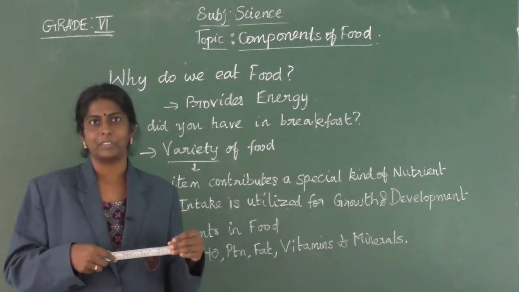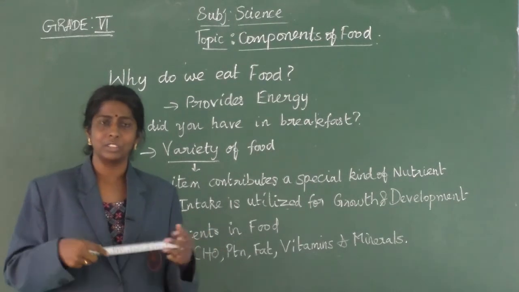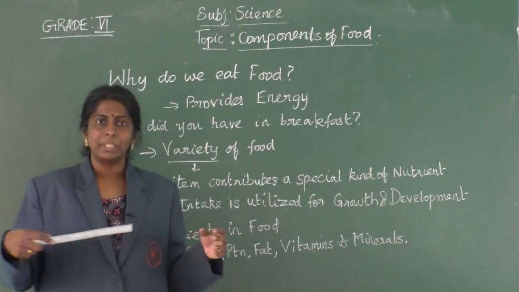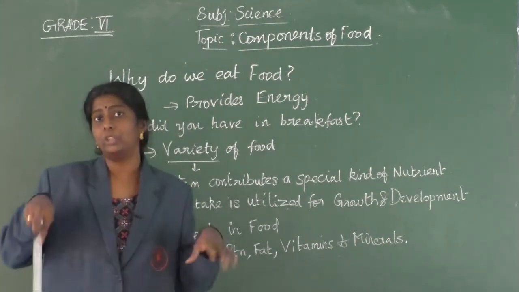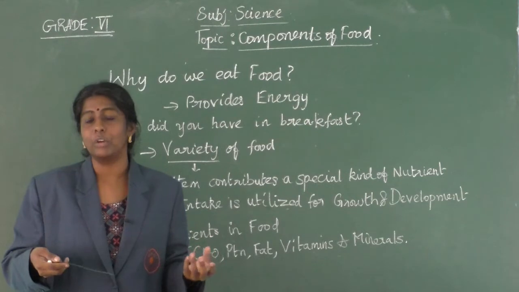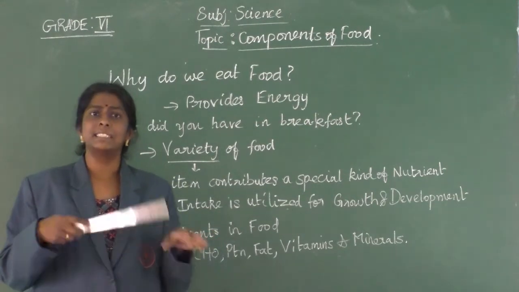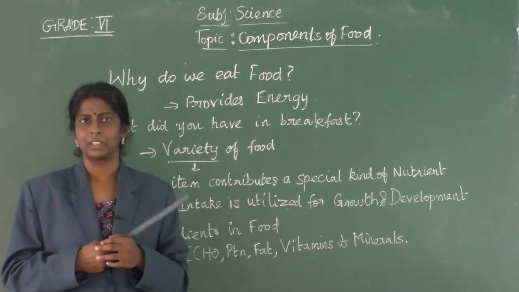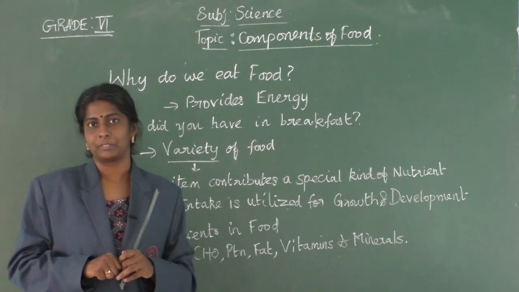Dosa, in sense, urad dal, rice, salt is there, is it not? Some ingredients are there. So in total food, it's a combination of carbohydrate, protein, fat, vitamin, minerals, water, and so on. So these are the respective ingredients in the food.